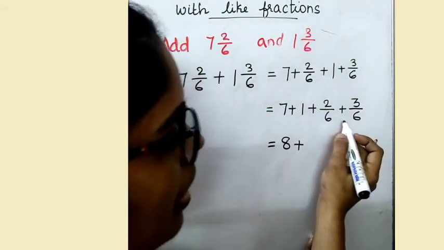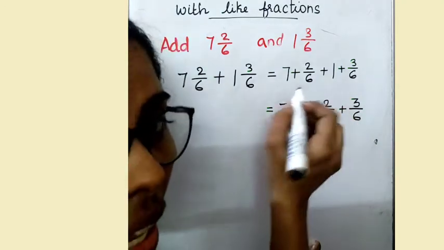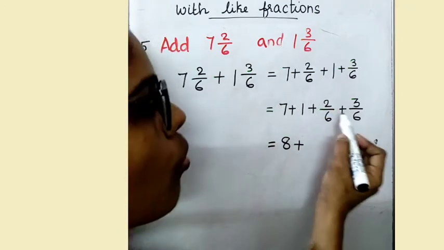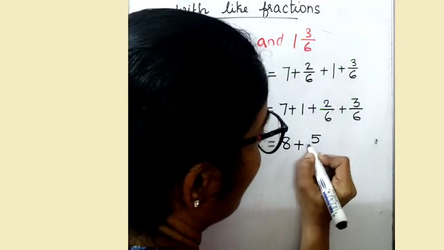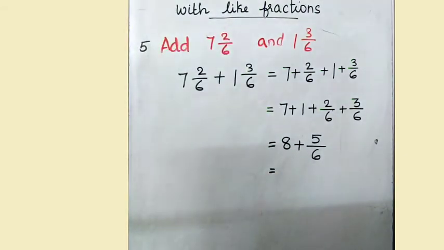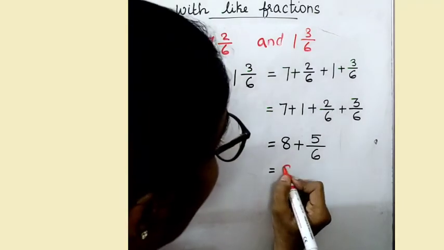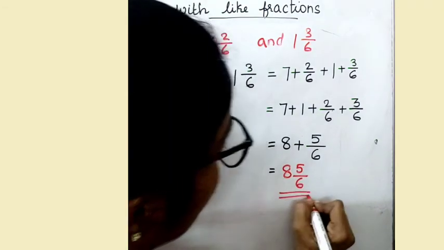For adding the fractional parts, we are adding only the numerator. As it is a like fraction, we are adding only the numerator parts. 2 plus 3 gives 5 by 6. So the answer is 8 and 5 by 6.